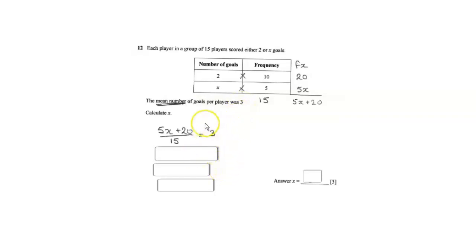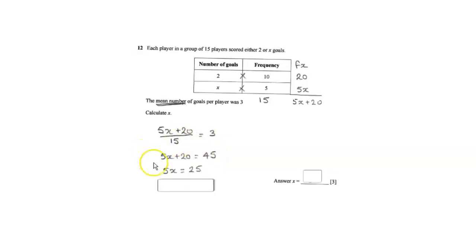So now we've got to calculate X, and it's just like an algebraic question now. So next step is we multiply each side by 15. To get rid of the 15 on the left-hand side, we multiply by 15, and we have to do it to the right-hand side as well. So 15 disappears on the left, and we've got 45 on the right-hand side.